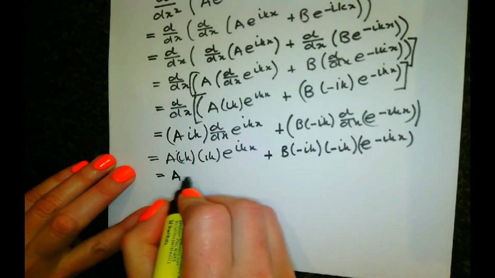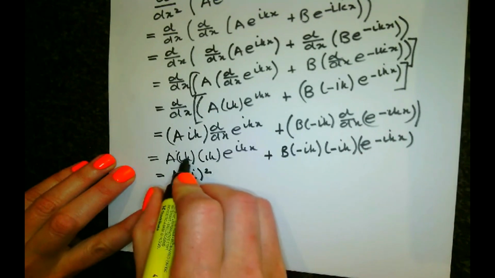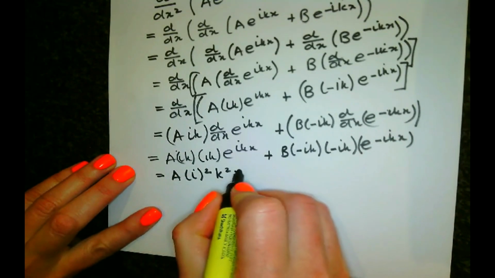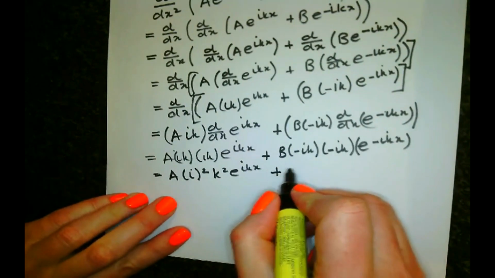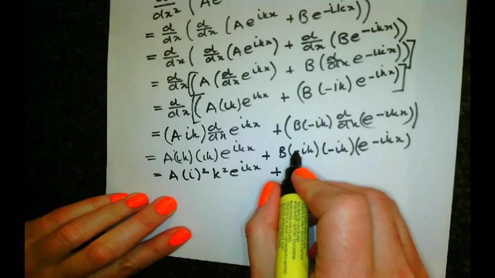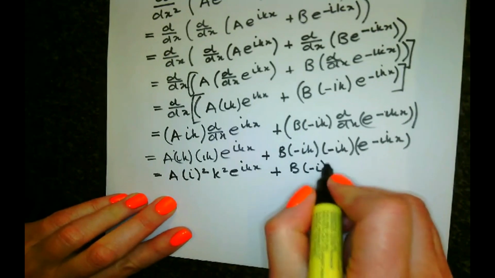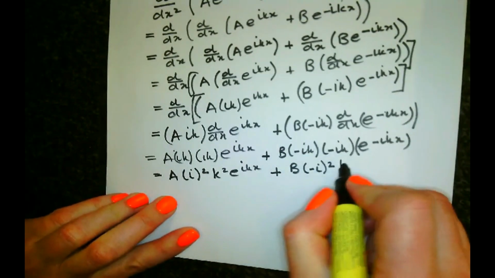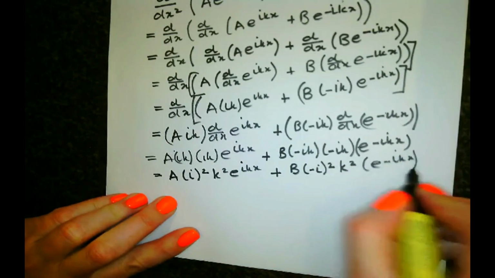So here we have i times i is i squared, k times k is k squared, e to the ikx, plus b, minus ik times minus ik, minus i times minus i is minus i squared, k times k is k squared, e to the minus ikx.